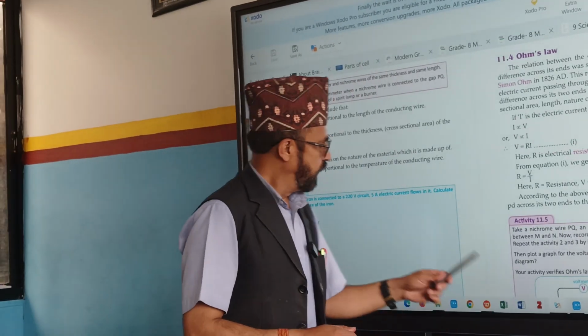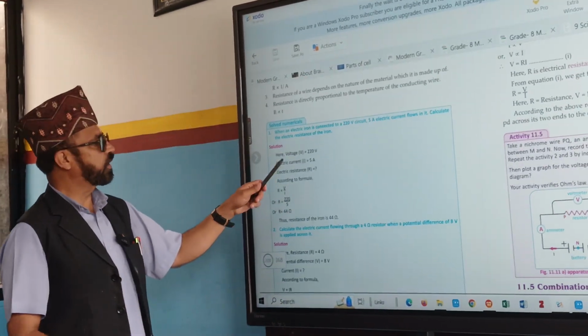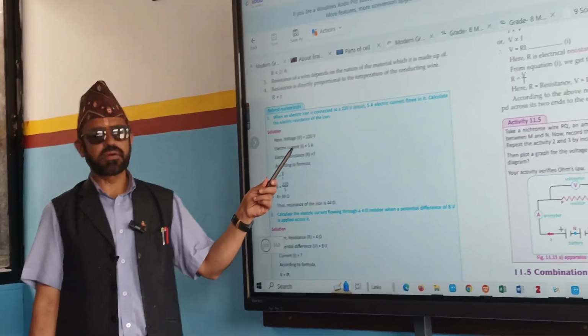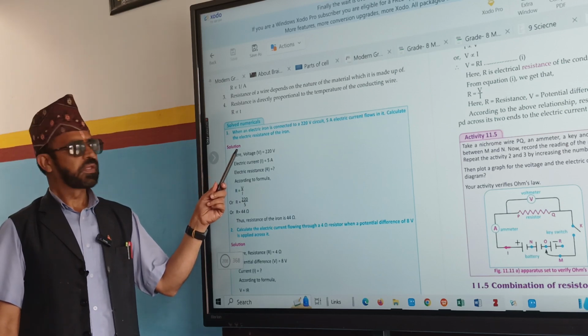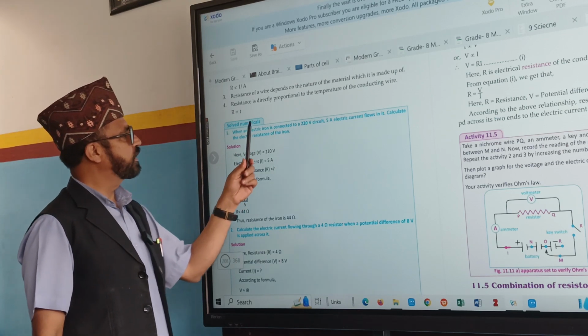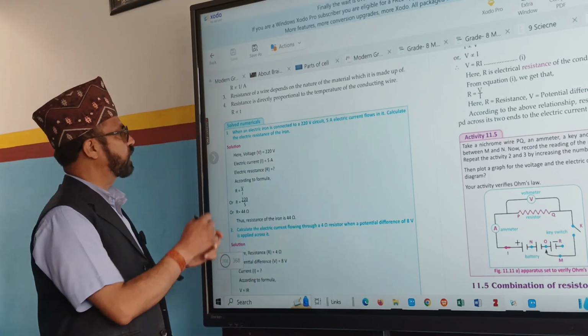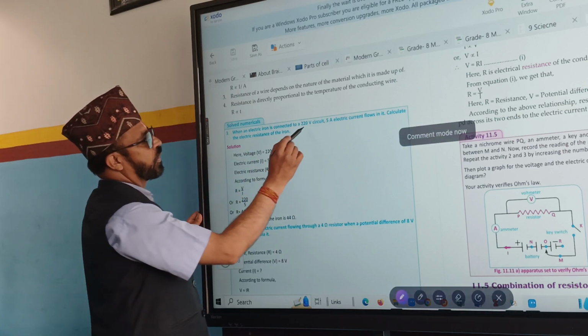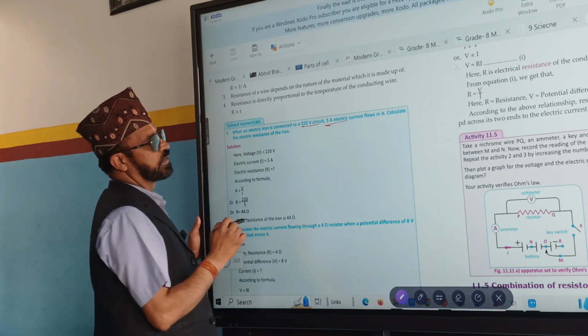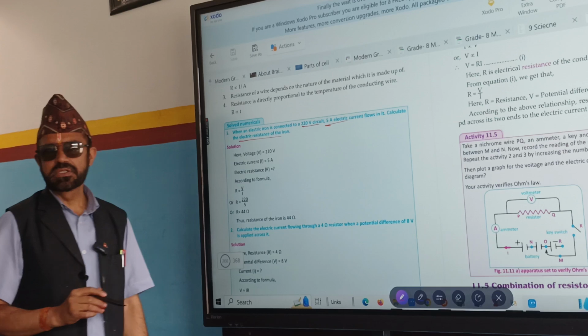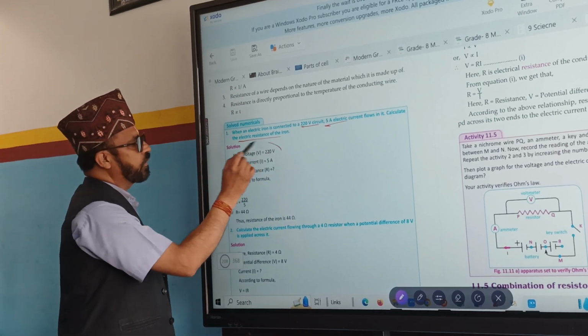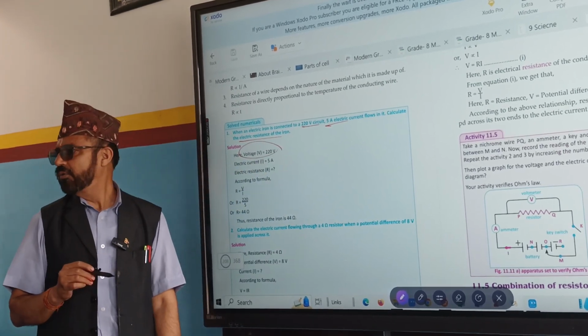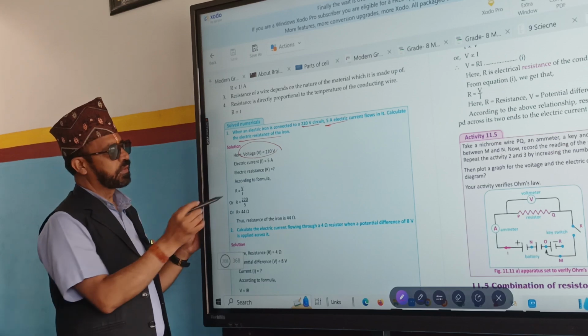Okay? And yesterday some numerical problems were discussed. Please look at your numerical problem. What is the question here? When an electric iron is connected to a 220 volt circuit, 5 ampere electric current flows in it. Calculate the electric resistance. So, what is the voltage? 220 volt.